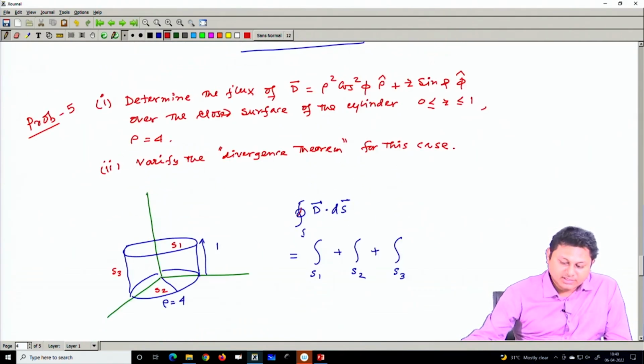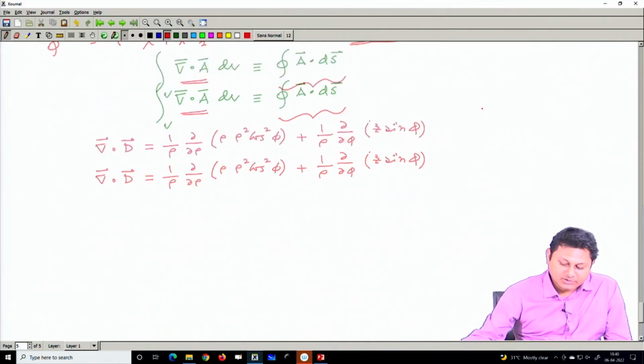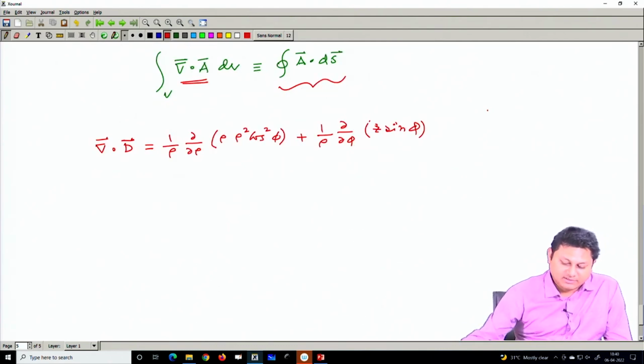So, you can see that there is no z component. So, I should not have the z derivative here.